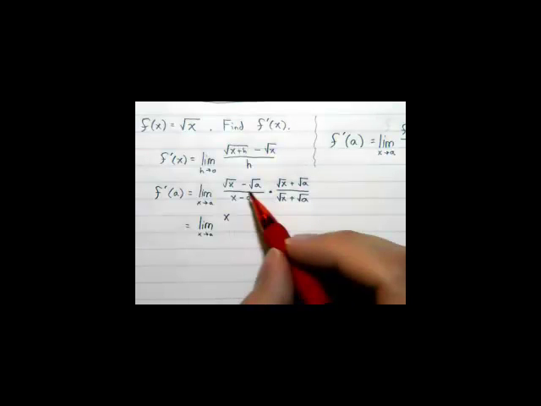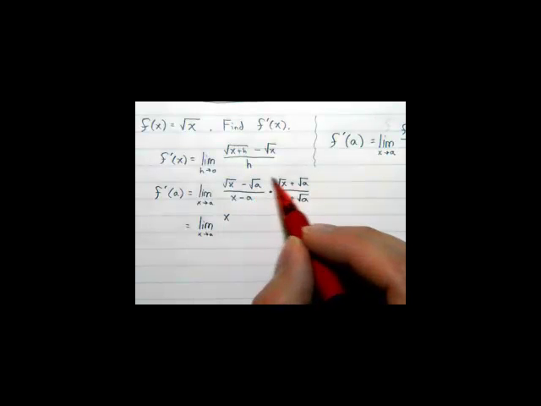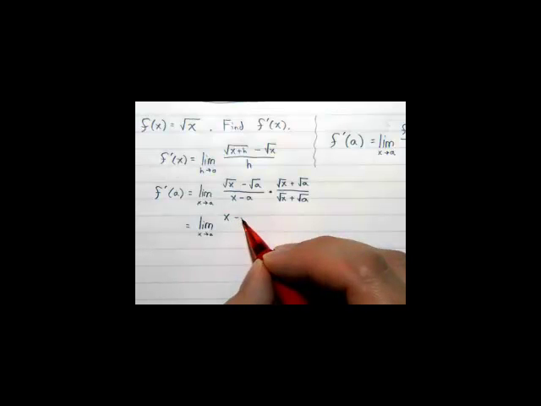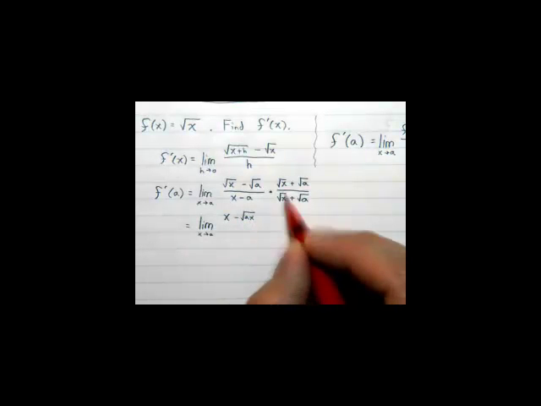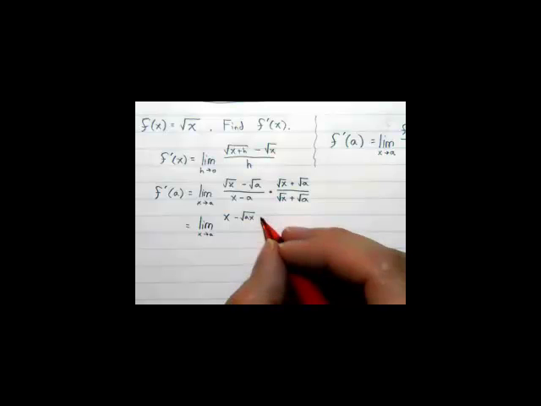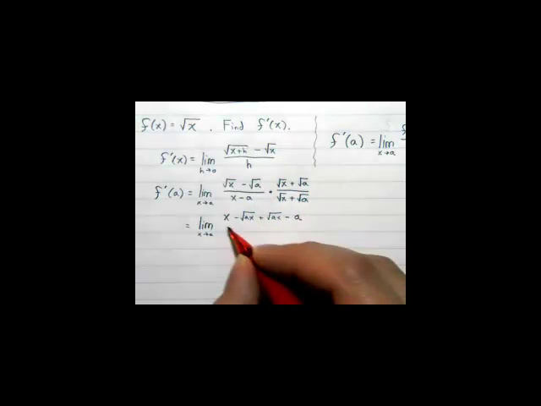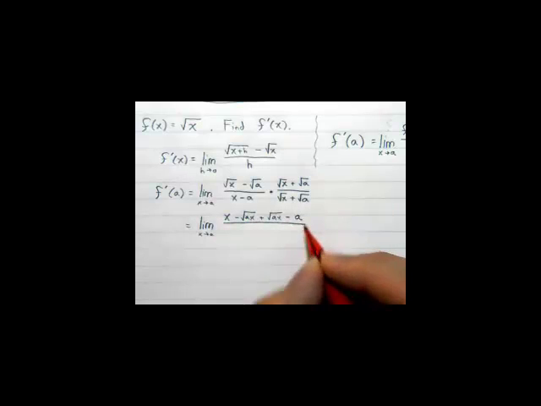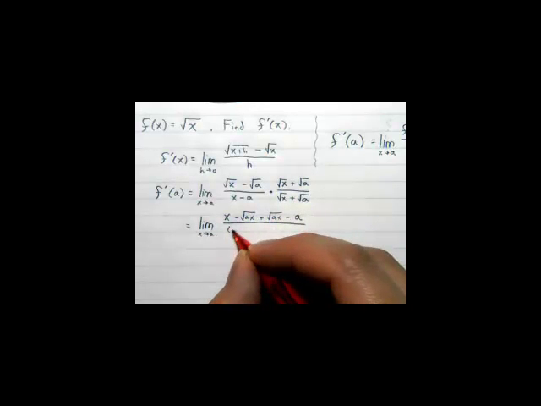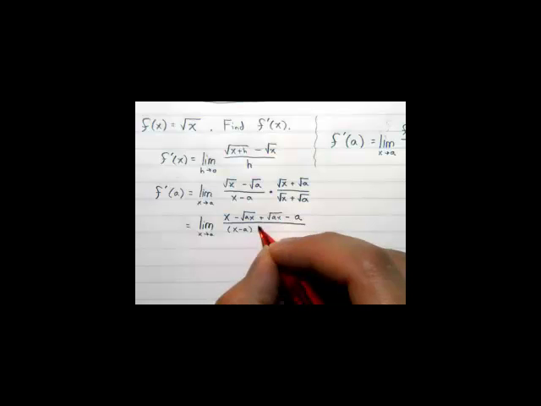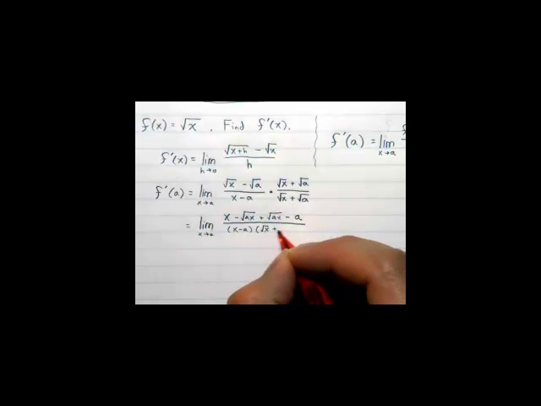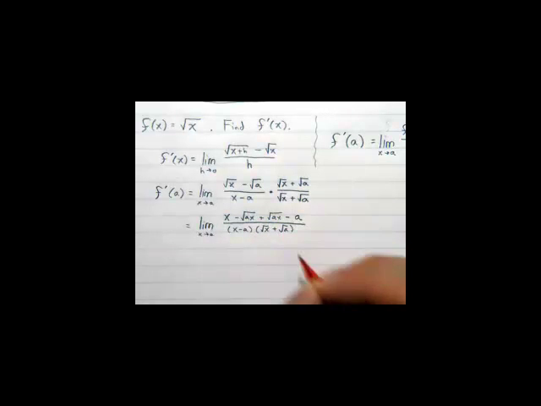And then you're going to have negative square root of a times square root of x, so minus square root of ax, and then you're going to have square root of x times square root of a, so plus square root of ax, and then square root of a times square root of a, minus just a. And then on the bottom, x minus a times square root x plus square root a. I'm not going to multiply those together just yet, and I'll show you why here in the next step.